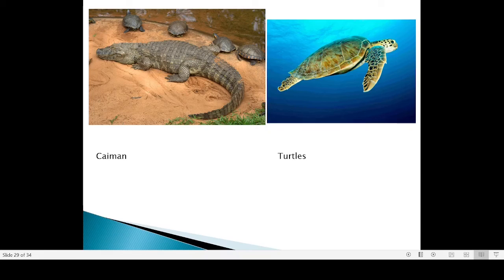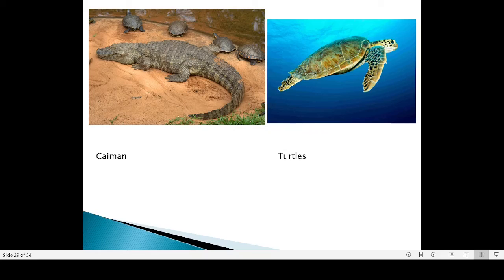Then turtles are there. Turtles are tortoises which are living in the sea. In South America, in both the fresh ocean and also in the rivers of Amazon, we can find several species of turtle. You can see the photo of one species of turtle.